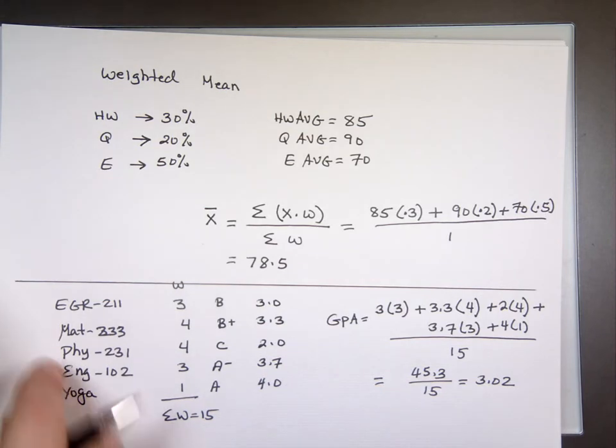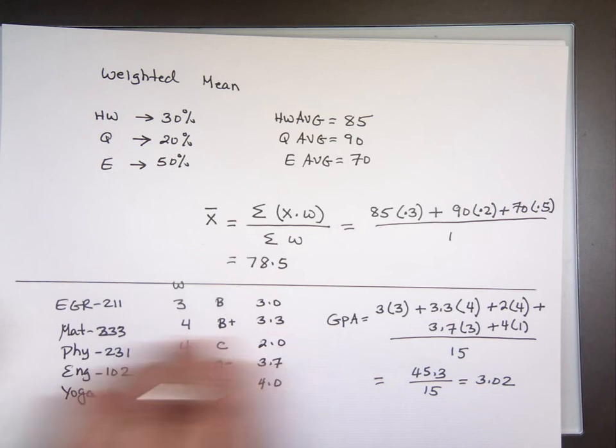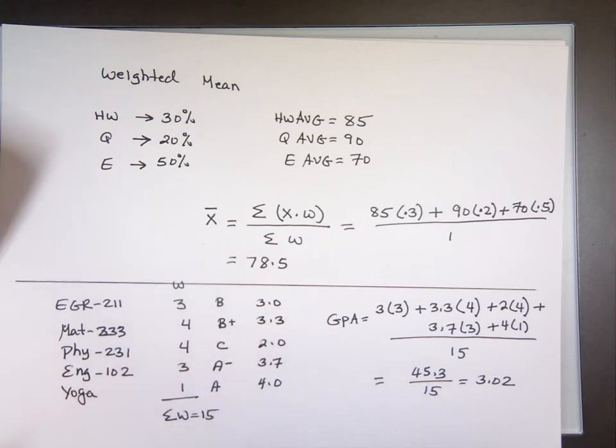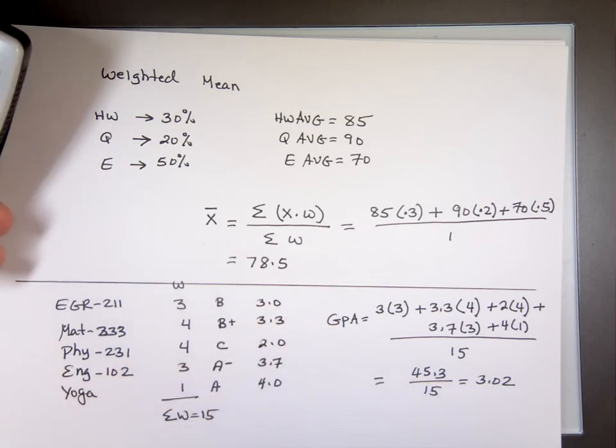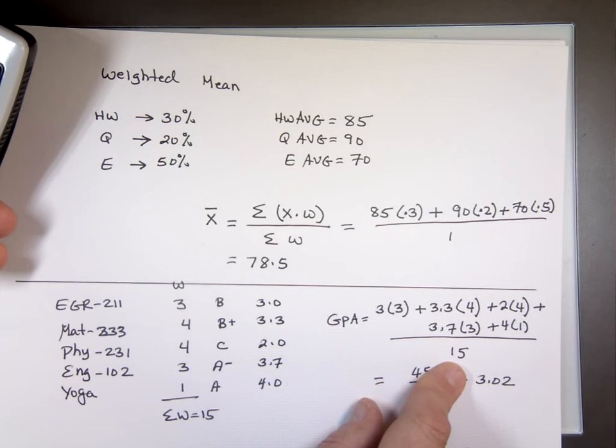If you drop it, that doesn't count toward your GPA. If you just did the other classes, 3 times 3 plus 3.3 times 4, 45.3 minus 8, plus 3.7 times 3, plus the 4. And now you're going to divide, instead of 15, by what? 11.